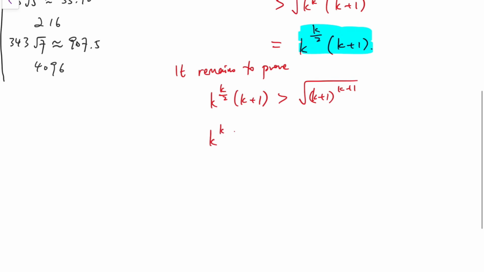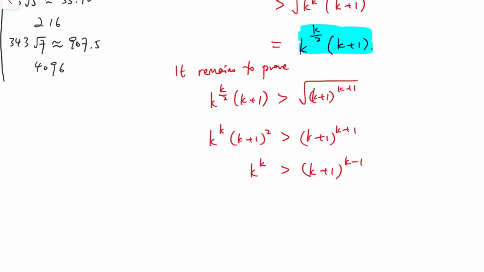Then simplifying by first squaring both sides, we have k to the power k times k plus 1 all squared is larger than k plus 1 all to the power k plus 1. Then divide both sides by k plus 1 all squared, we have k plus 1 all to the power k minus 1 on the right.